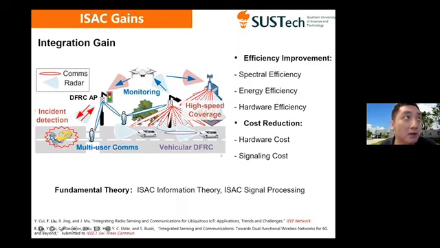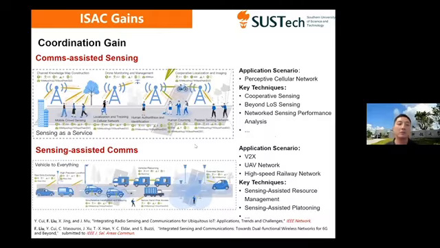And there is some fundamental theory here, like information theory and signal processing, to reveal the fundamental trade-off in this scenario. And of course, there is a second gain we call coordination gain, where communication and sensing can assist each other. So there is communication-assisted sensing or sensing-assisted communication.